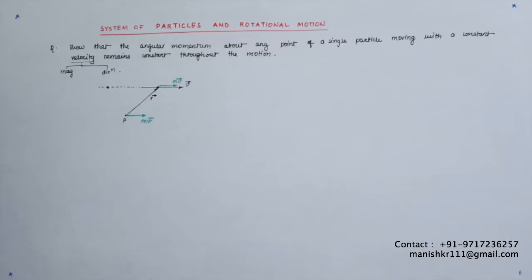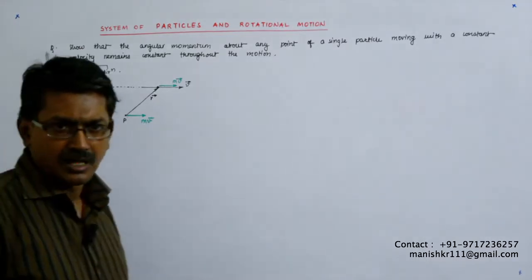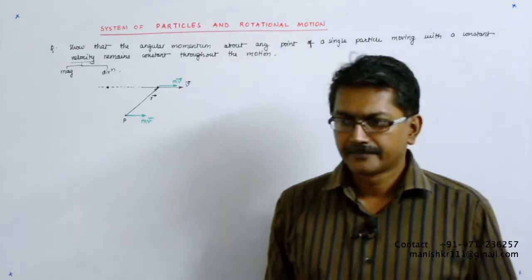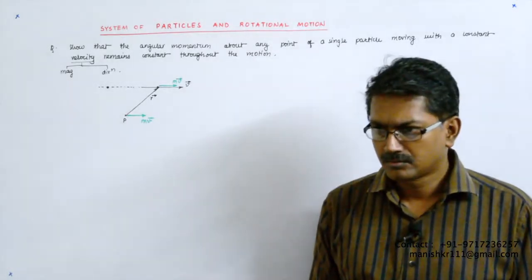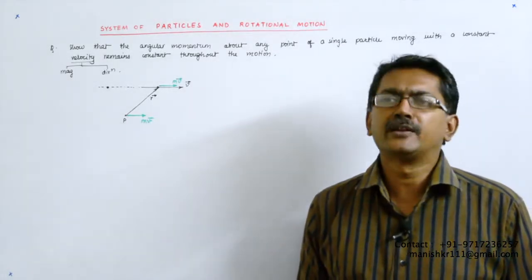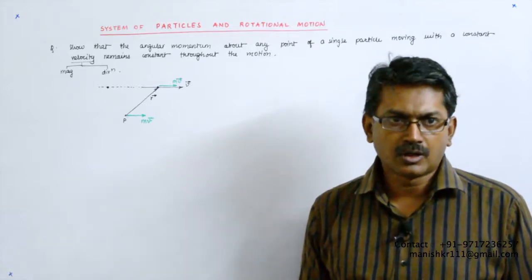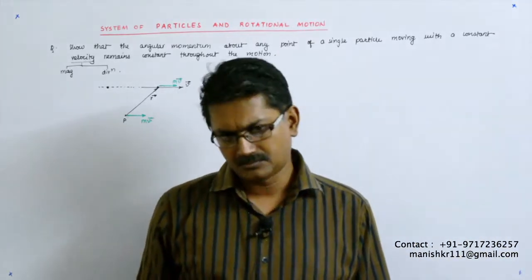So first of all, what is my direction? R cross mv direction is into the board. Is it not? And it will always be into the board. So I should be bothered about the magnitude.